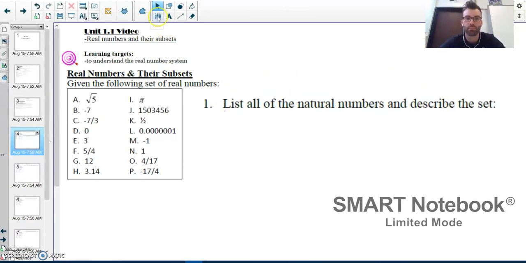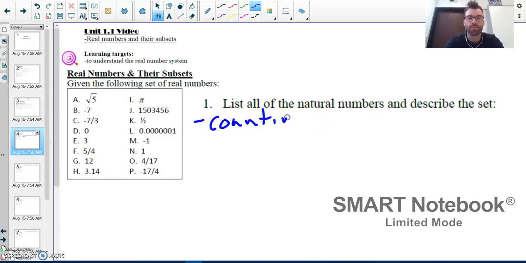The first type of numbers that we're going to talk about, the first subset that we are going to discuss, are natural numbers. Natural numbers are counting numbers. Think back to when you were younger, when you learned to count, what did you use?